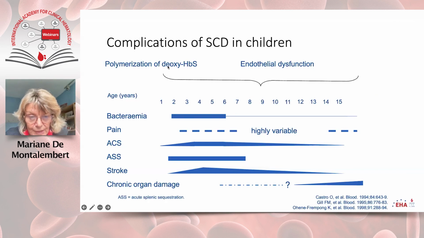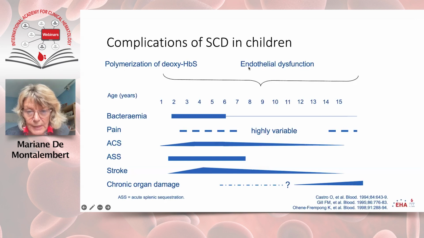The first cause of death so far is bacteremia. The second cause of death is acute splenic sequestration. The third cause of death in children is stroke. But there are of course also pain and acute chest syndrome, with a highly variable frequency.